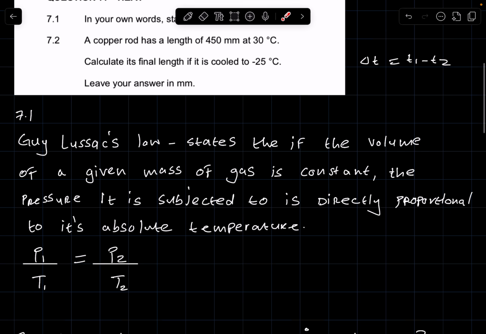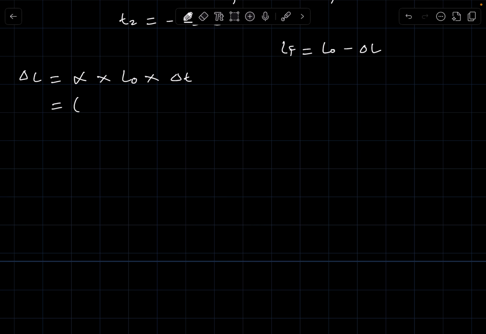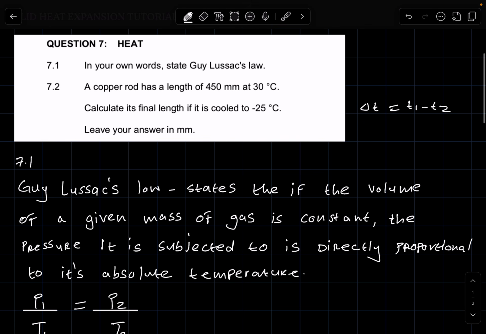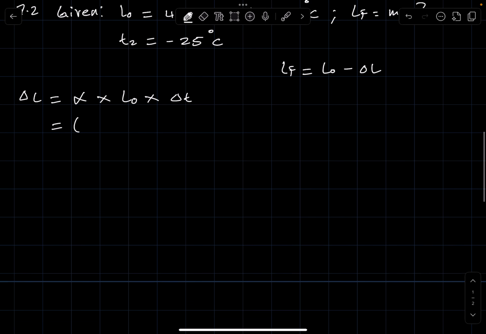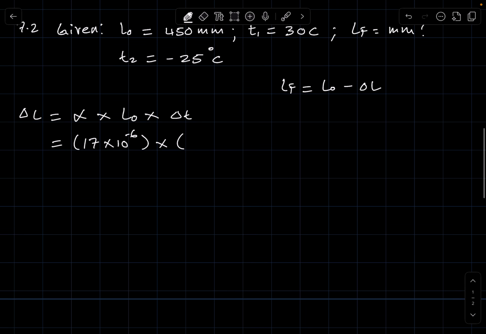Because the element is copper, you look under your constants for the linear coefficient of copper, which is 17 times 10 to the negative 6 per degree, times the original length, 450 millimeters, times the change in temperature.